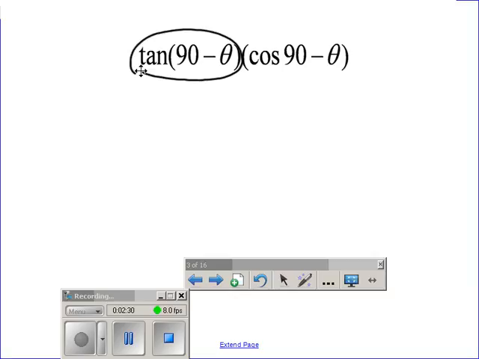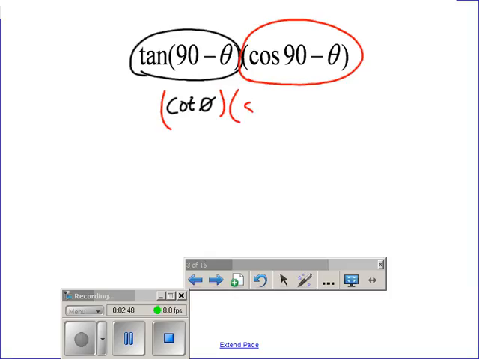Then cosine of 90 minus theta, remember, is the same thing as sine of theta. So what I've got is cotangent of theta times sine of theta.